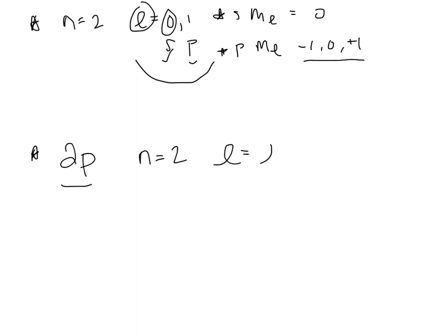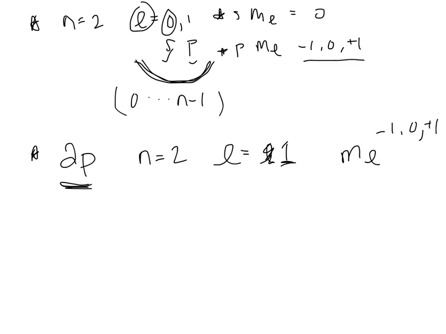So p orbitals correspond to an L value equal to 1. Because they've already specified which orbital they're discussing, you don't take the approach that you did up here. So you don't do 0 all the way up to n minus 1. Now with respect to your m sub l value, I haven't specified whether this is a pz, px, or py orbital. So any of the options, the -1, the 0, or the +1, are all possibilities. So any designation could be considered acceptable.